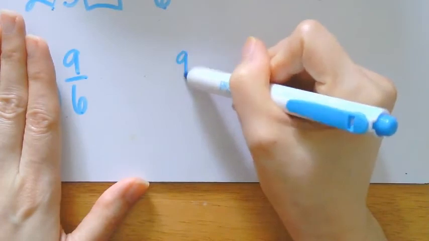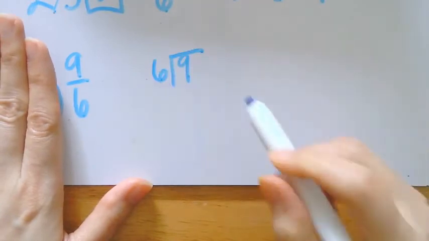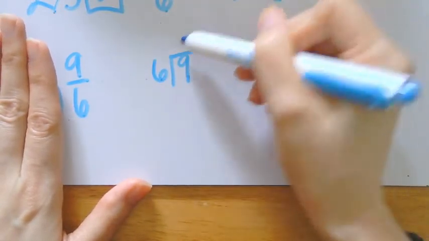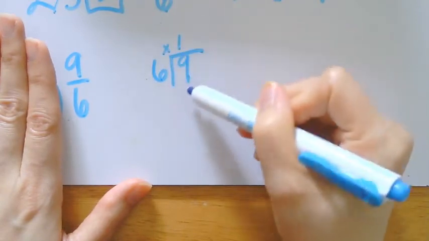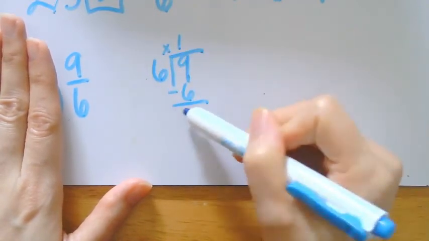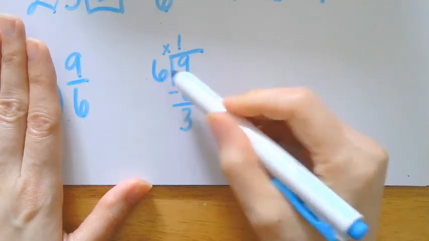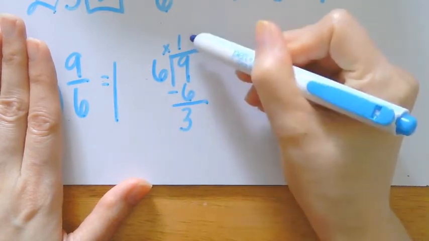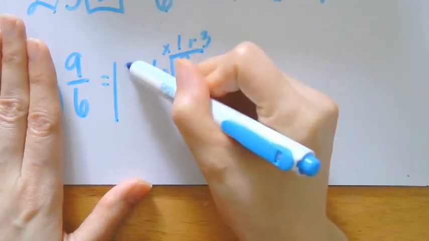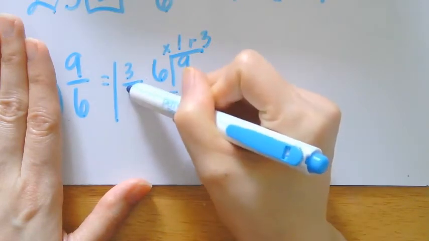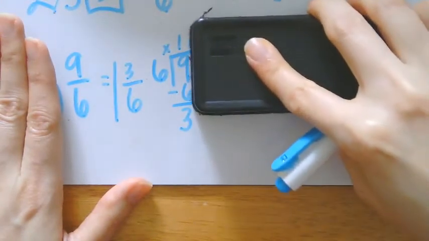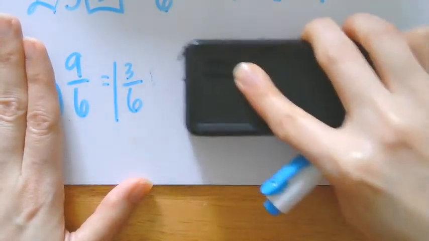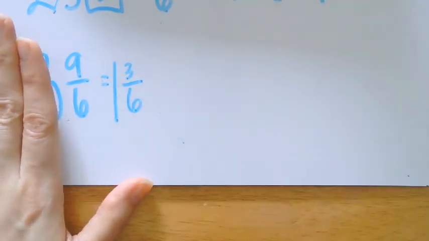So 9 divided by 6. 6 goes into 9 one time. 6 times 1 is 6, and we subtract to get 3. 6 goes into 9 one whole time with the remainder of 3 out of a possible 6. I'm going to erase my division work here so I have a little bit more space. These whiteboards sure do come in handy, don't they?